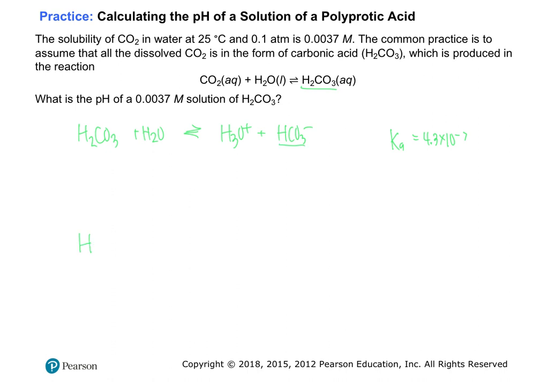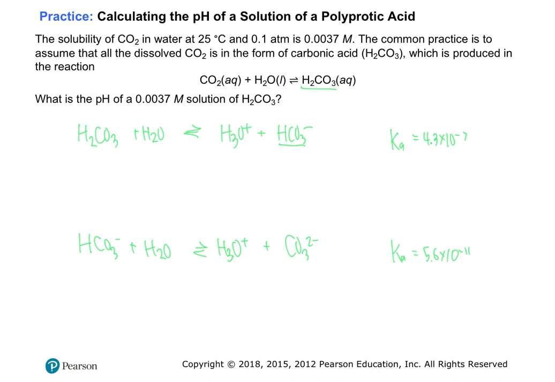Okay, now the second dissociation I'm going to write down here. I'm going to take this proton off now. So bicarbonate plus water is going to produce carbonate. Actually, I'm going to do the same order as before. So hydronium, doesn't matter technically, plus carbonate. And that has a Ka value that is, from the table, 5.6 times 10 to the negative 11.